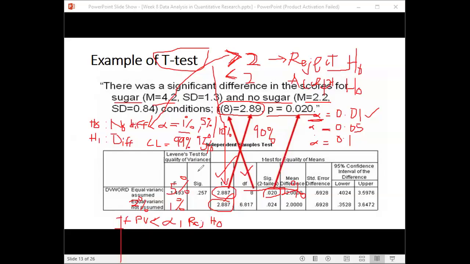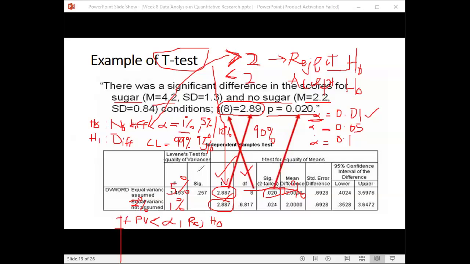The best is 1%. If you are not able to reject the null hypothesis under 1%, you move on to 5%. And here we see that under the 5% level of significance, we can reject the null hypothesis.